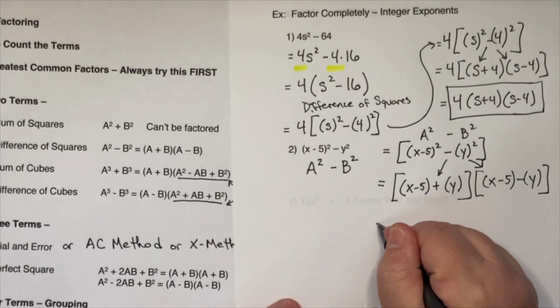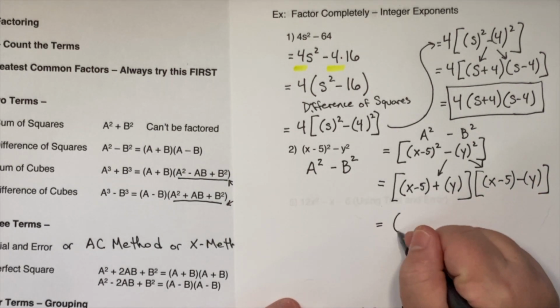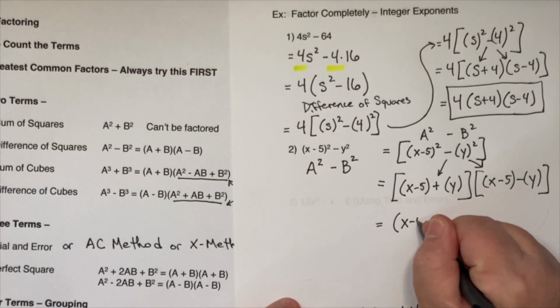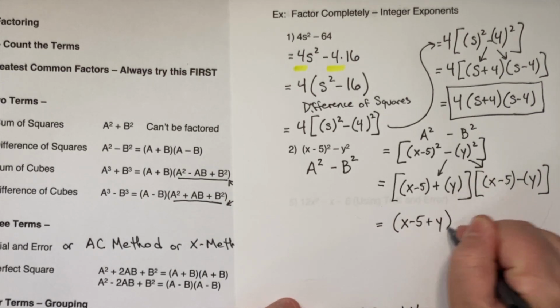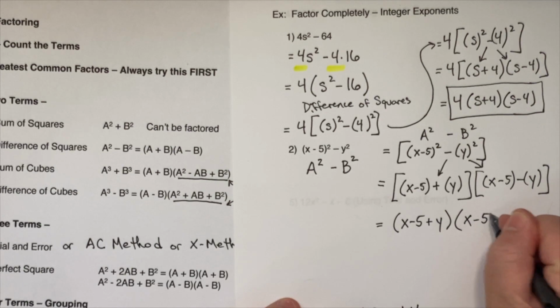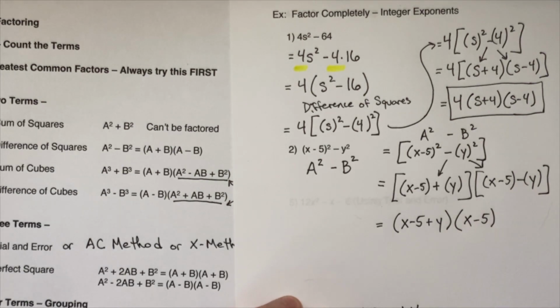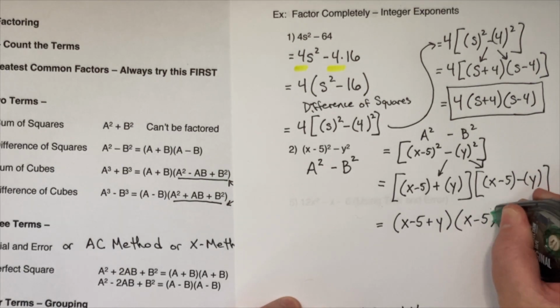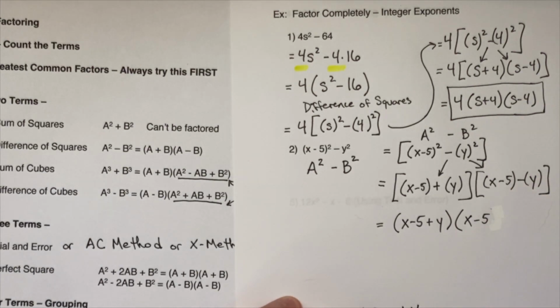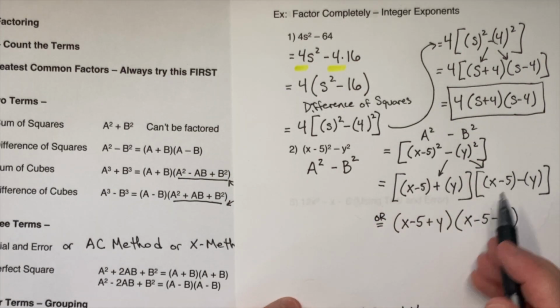So if you would like, you can leave it like that, or you could write it as x minus 5 plus y, and x minus 5, oops, my hand got excited. My hand was like, yay, we're done. We're not done. x minus 5 minus y. You can write it like that. I'm going to put a little or here because I think this is a good answer as well.